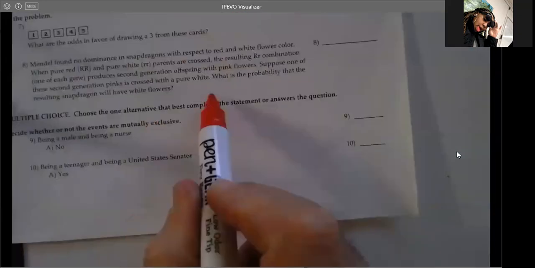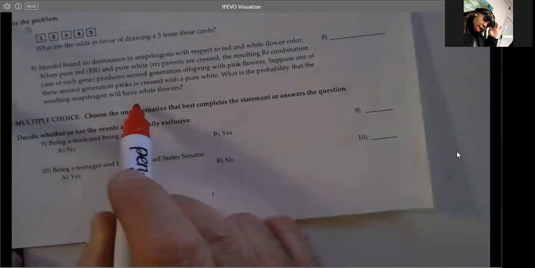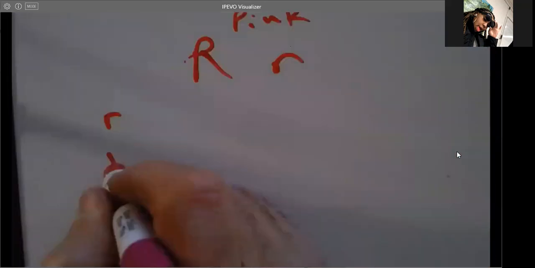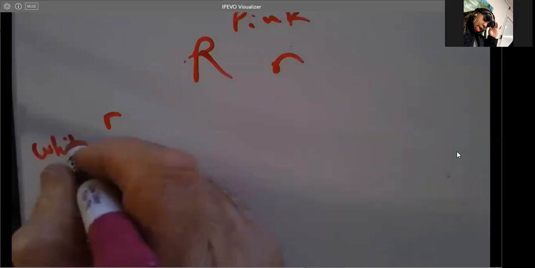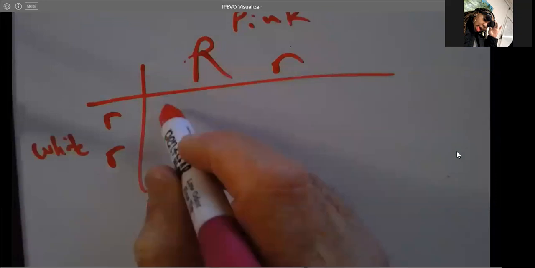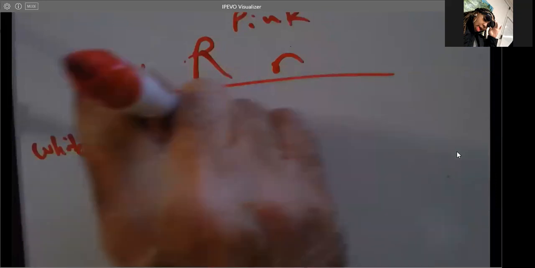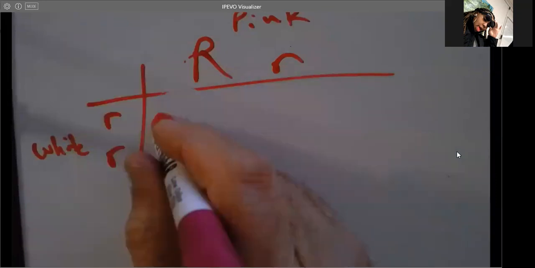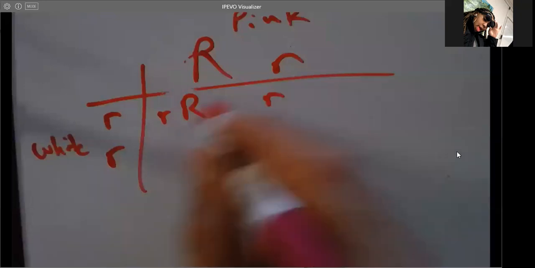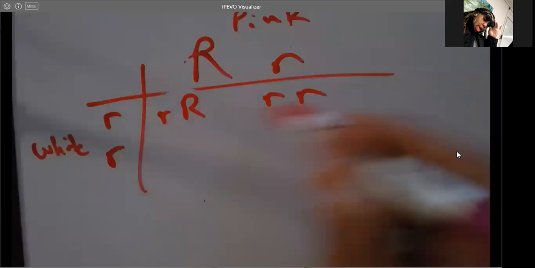What is the probability that the resulting snapdragon will have white flowers? Pure white is 2 lowercase r's. So we have lowercase, uppercase. That's a pink. And here is lowercase, lowercase.